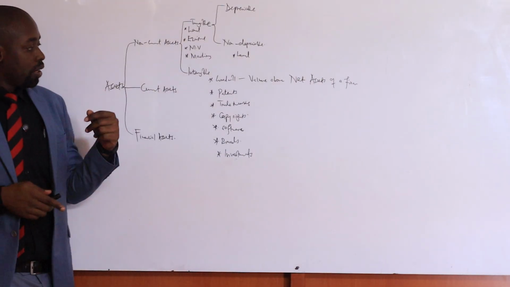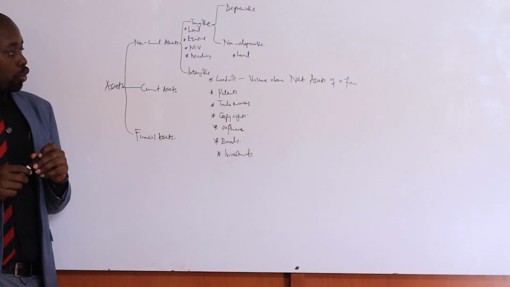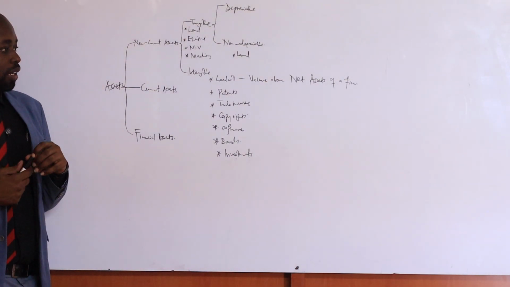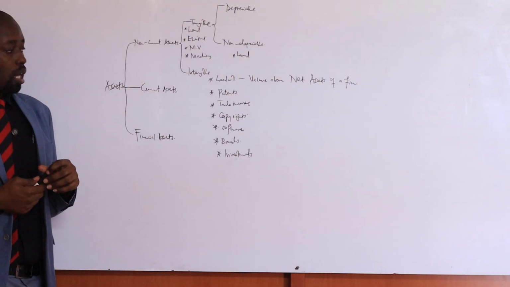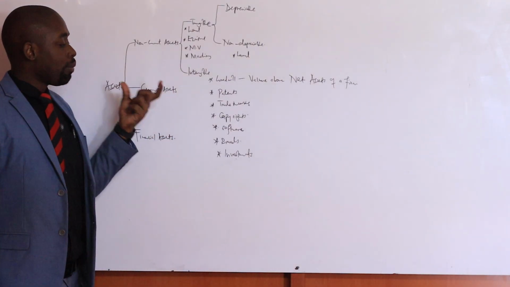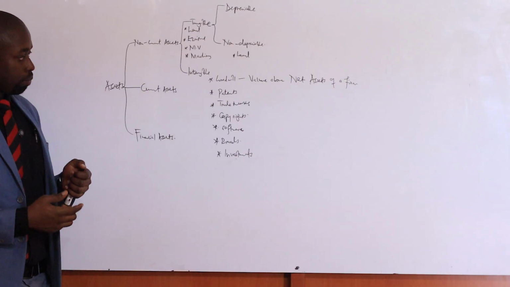Now, a patent is a right given to somebody for technological innovations. I'll give an example of M-Pesa services in Kenya, where somebody had developed a system through which we can do money transfer.